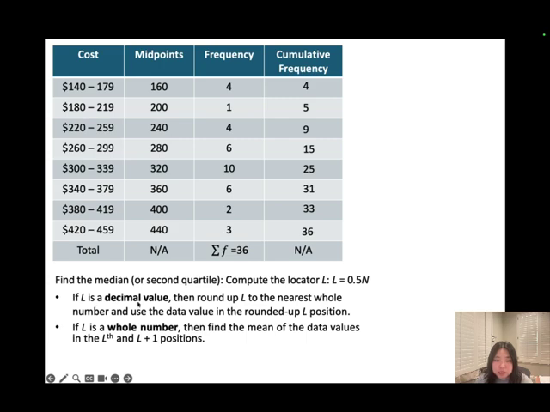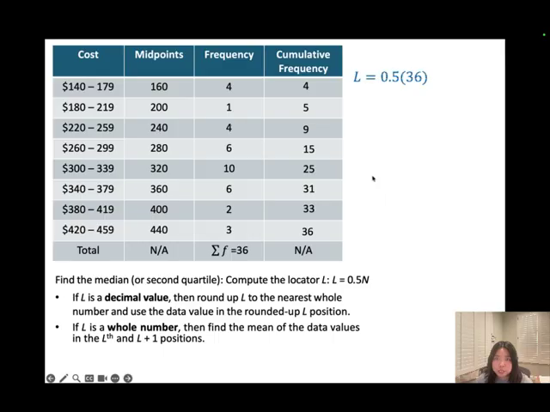If your L is a decimal value, then you always round it up to the whole number, and then use the data value in the rounded up L position. If your L is a whole number, then you're going to find the mean of the data values in the L and the L plus 1 position.